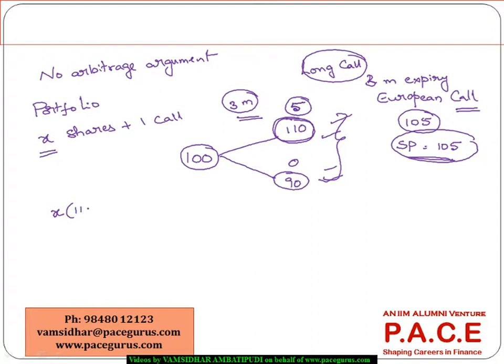So if the share price goes to 110, I have X shares, so X times 110, and one call option, whatever the worth of the call option is, which is going to be 5. And if the stock price touches 90, it is X times 90, and the call option will give a benefit of 5.